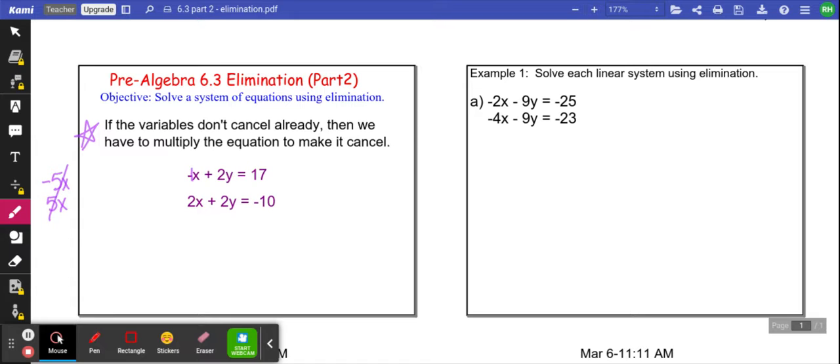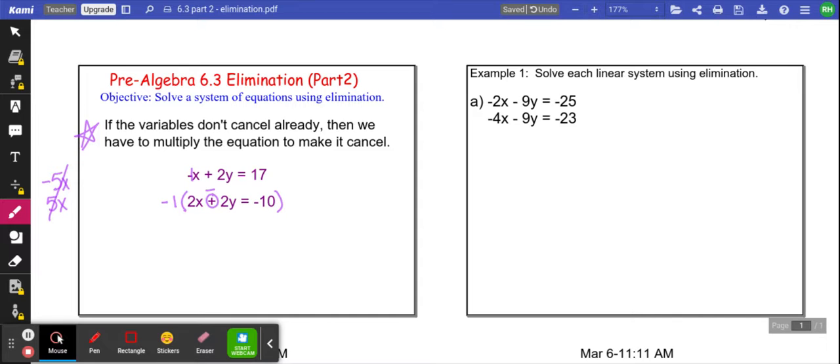So for this one, 2y and 2y are already the same number. The only thing we have to do to make them opposites is one of them has to become a negative, okay? Well, in order to make something become its opposite, we have to multiply it by negative 1. Now, the part that's different is it's not just that term, because to make an equation stay equal, you have to multiply everything in the equation by that number.